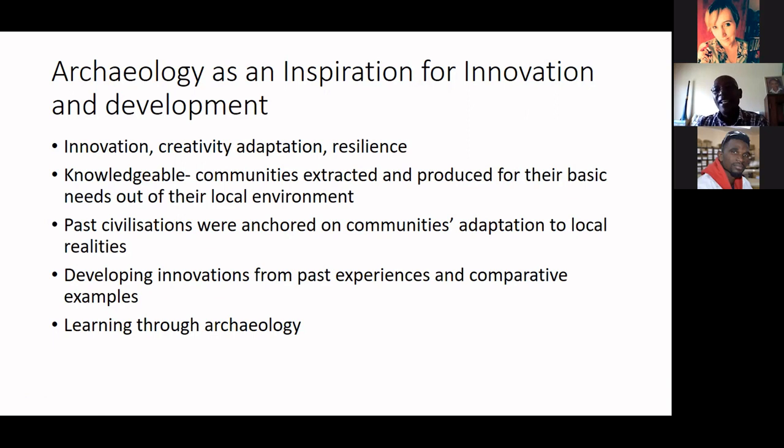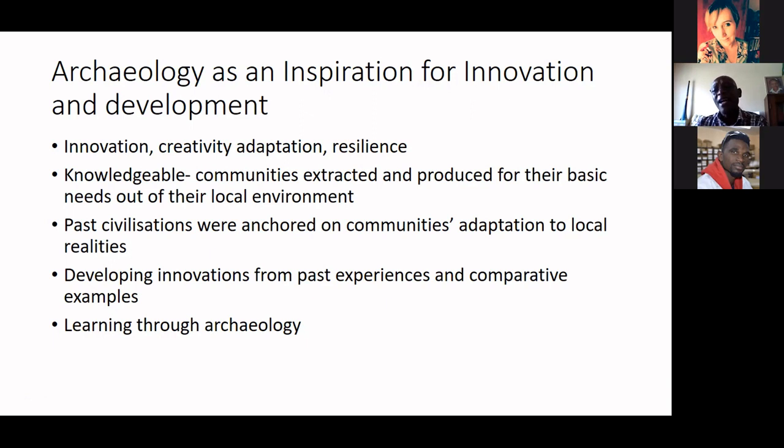Past civilizations, whether you're looking at Mapungubwe, Great Zimbabwe, Thulamela, or Mokhala, were all anchored on communities' adaptations to local realities. So we can develop innovations from past experiences, and these provide us with comparative examples of how it can be done.